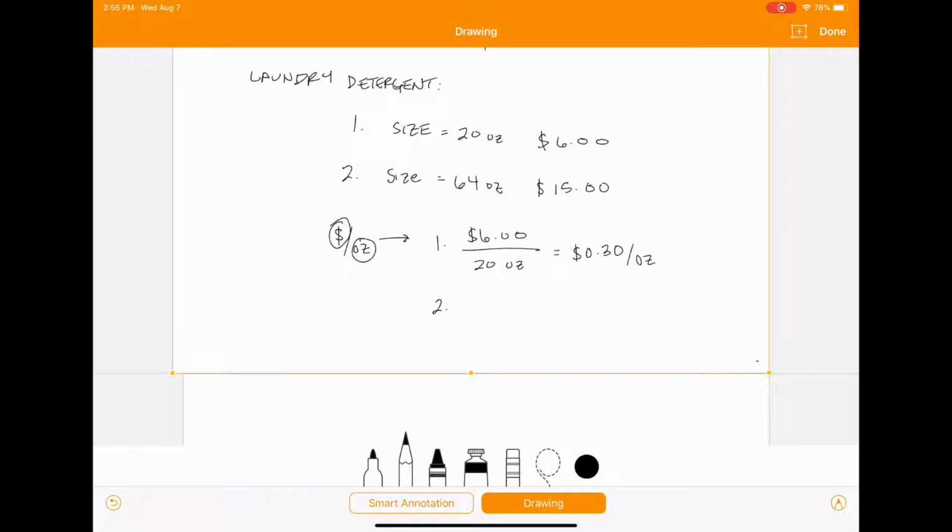And for number 2, again, $15 over 64 ounces. And this ends up being 23 cents per ounce. So therefore, laundry detergent number 2 is cheaper, and that's the one that you're going to want to buy.